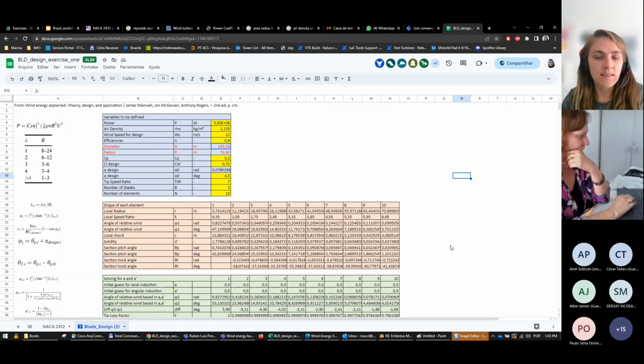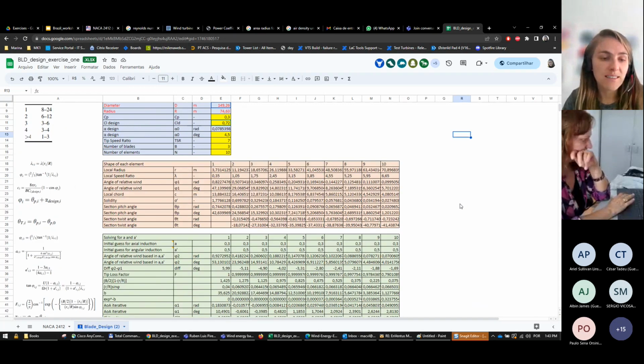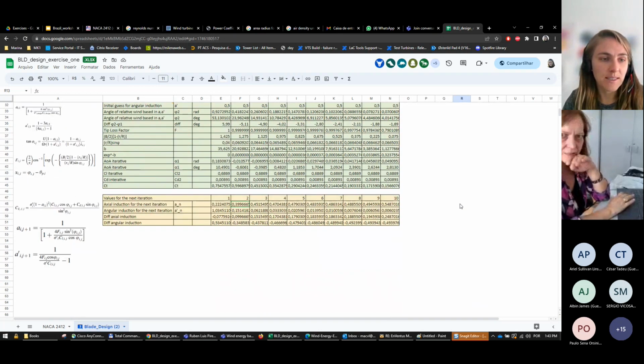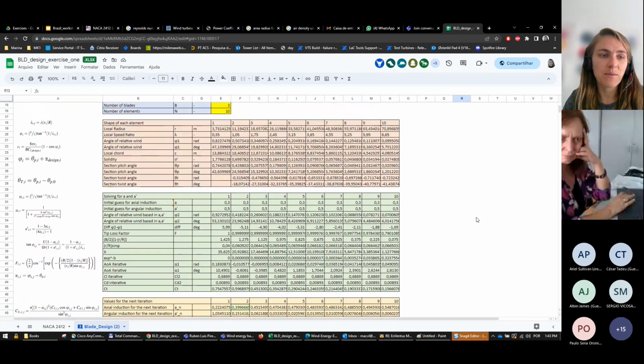Okay, then let's have 10 minutes. Then we can come together and compare the results that you have. If you can download the table, then we can see if you guys manage to find a solution. There is one final equation that is missing, which is the final CP.